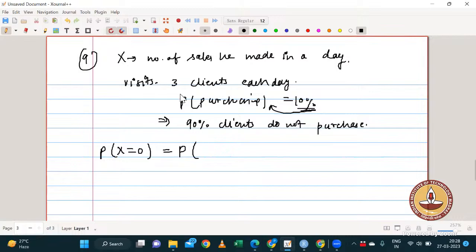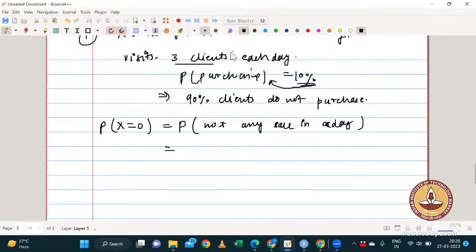The insurance salesman visits 3 clients each day. But in a day, I'm saying there is no sale. Correct? That means if x equal to 0, then I can write not any sale in a day. How many clients does he visit per day? 3 clients, right?